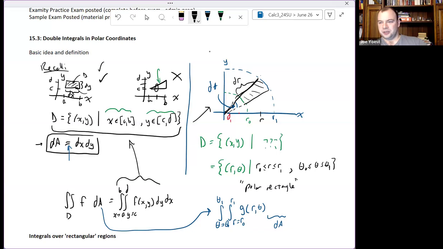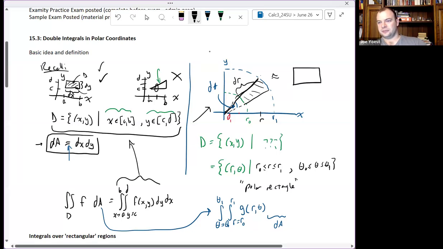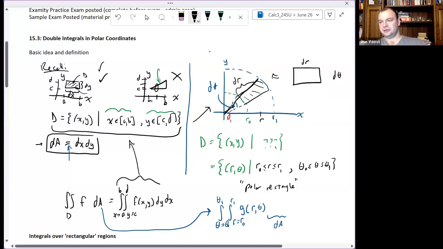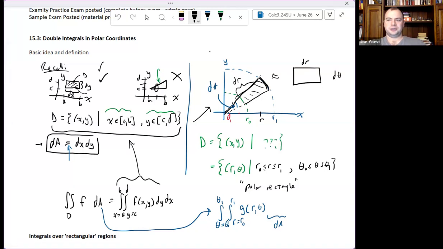Well, this is approximately an actual rectangle where one side is dr, but note that the other side is not just d theta. Even if theta is in radians, this circular segment here, this arc here, is not just d theta.